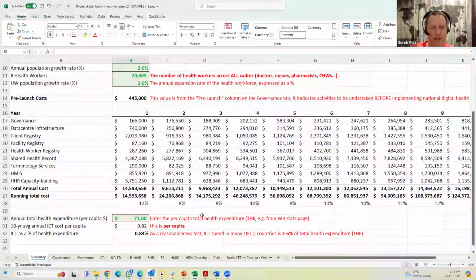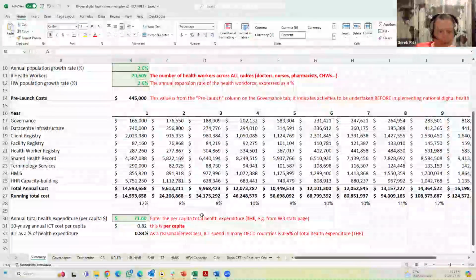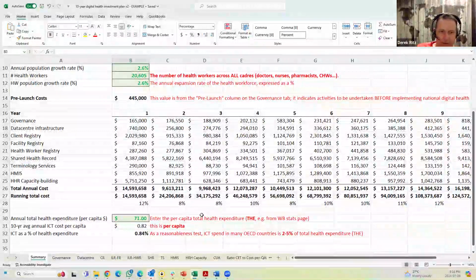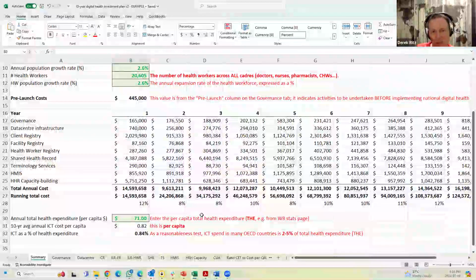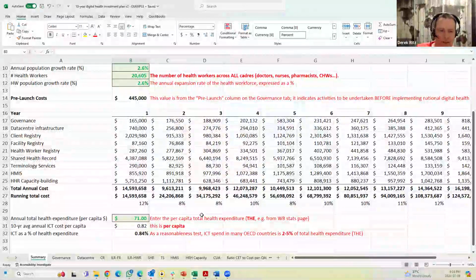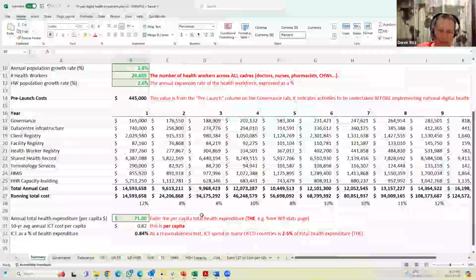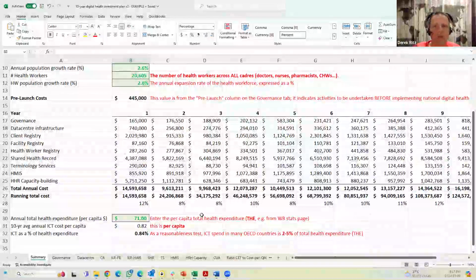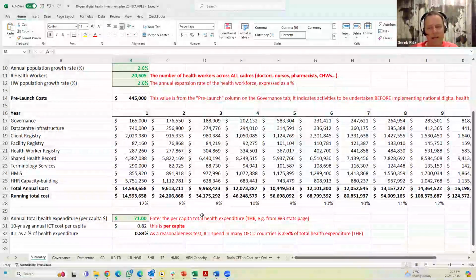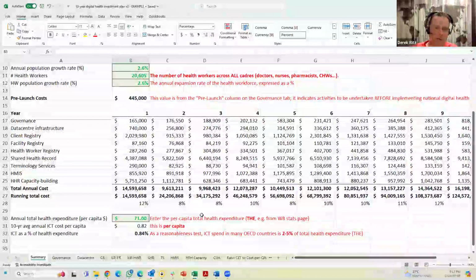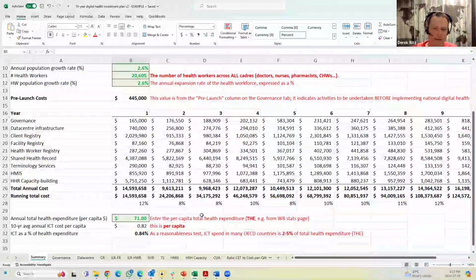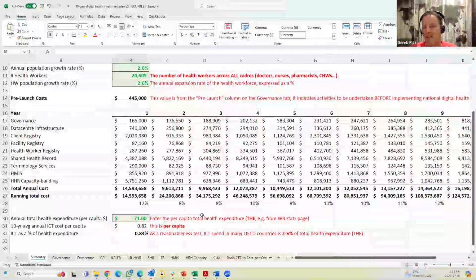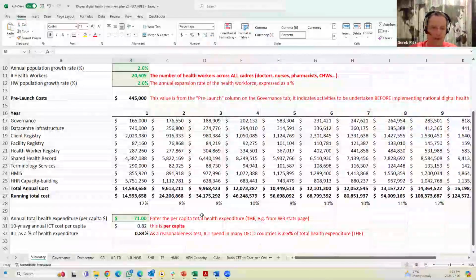But here's a reality check. If that's your total expenditure on health, as a proportion of that, how much are you expecting to spend on digital health? And why that's important is in an OECD country, we would spend 3 or 4 or 5% of our total health expenditure on digital. And if this is going to be 11 or 15 or 20%, then it's a non-starter. But it's not.